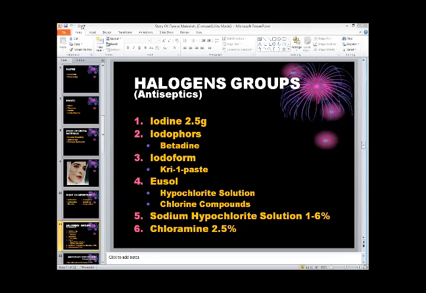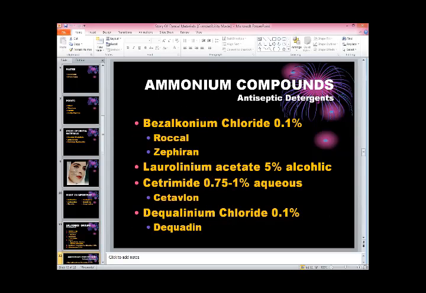Another quaternary ammonium compound is laurolinium acetate. The other compound is benzalkonium chloride, 1% available in the market. Laurolinium acetate, 5% with alcohol, we are using.